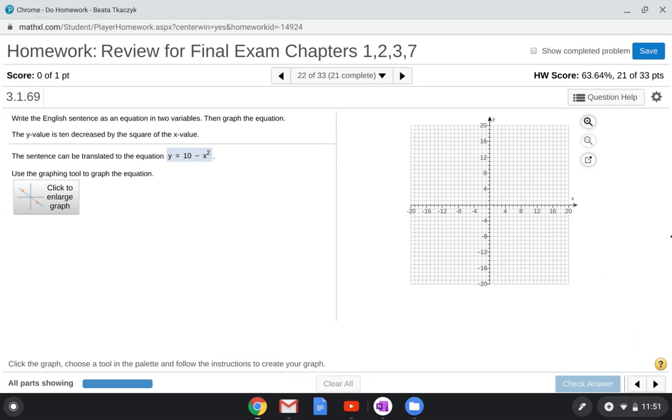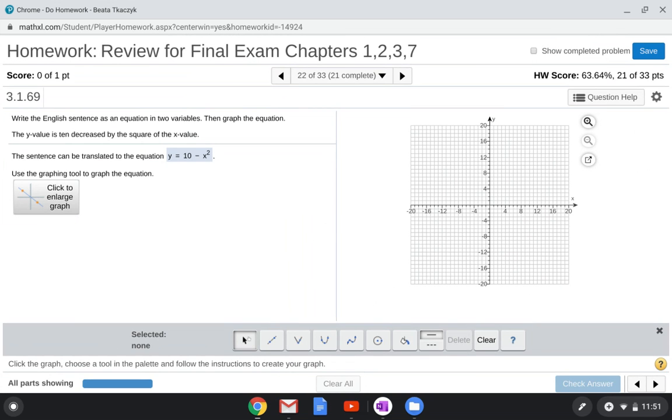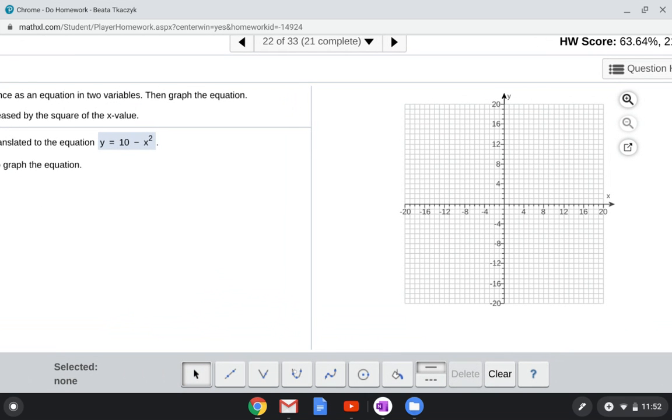So I'm going to plug in points. I have 0, 10. You can enlarge that. 0, 10. Okay, it's going to be a parabola.